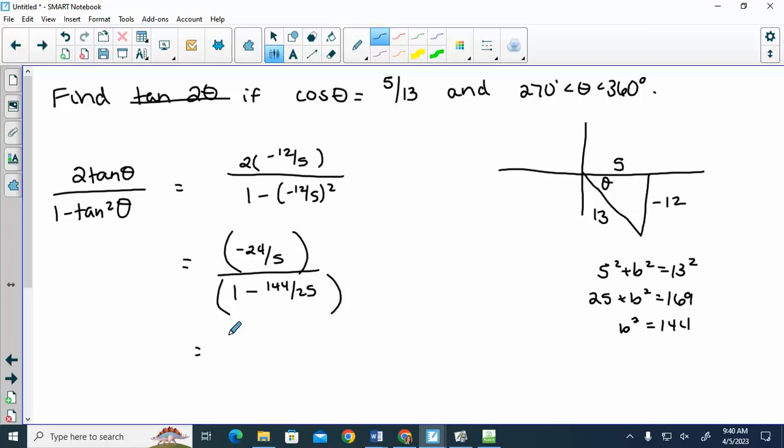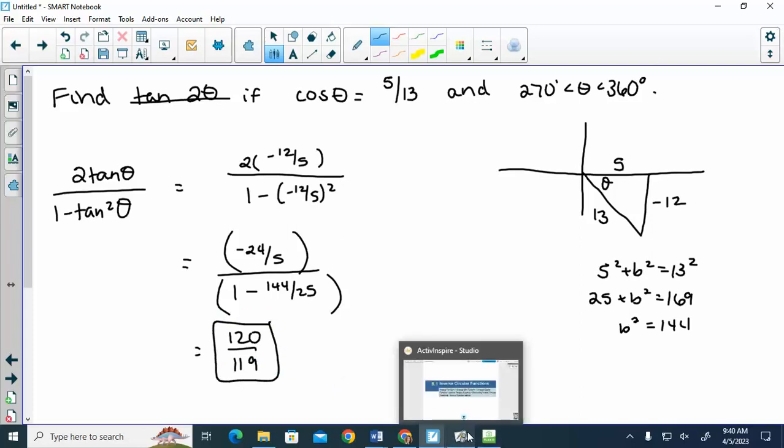Is it 120 over 119? So we just had to use a formula.